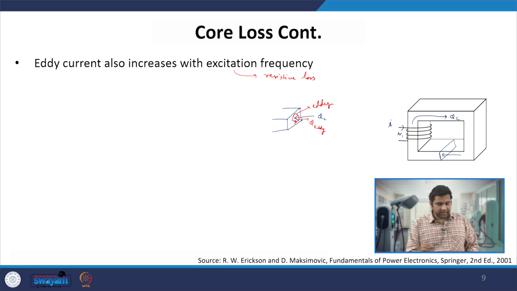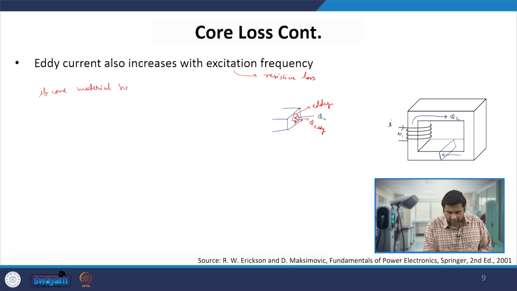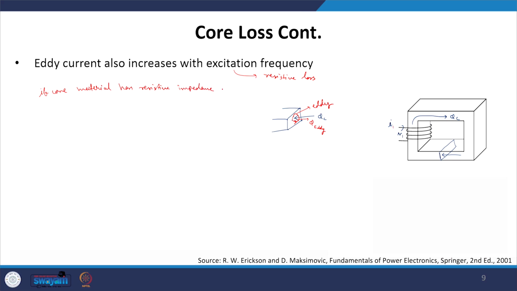Because if the core material has resistive impedance, let us take that as R core, then we can write our eddy current power loss as proportional to the eddy current square times the resistance of the core.